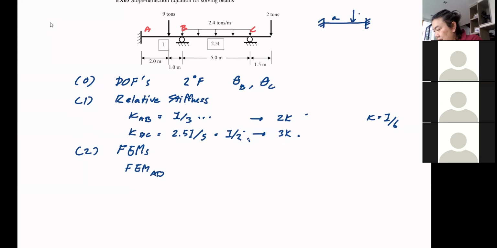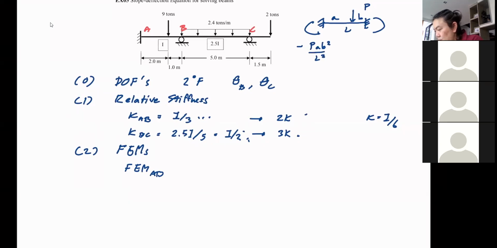Let's call this A and B, and the length is L and the load is P. This one is minus P A B square over L square. This one is P A square B over L square. And someone still gets it wrong. Believe that.